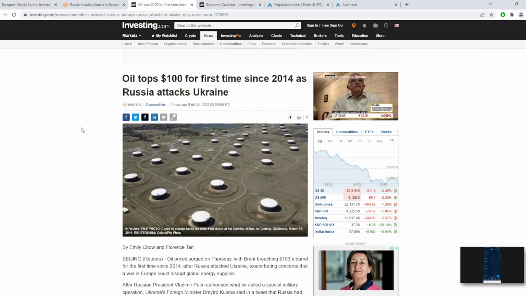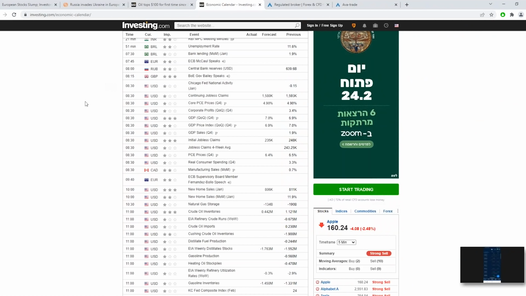It broke $100 a barrel just a little while ago, and so that's the situation we're at. Even with the US dollar rapidly strengthening, crude oil having no trouble breaking $100 a barrel. We'll show you maybe some of the positions that we simulated in the last webinar yesterday evening with crude oil and gold.